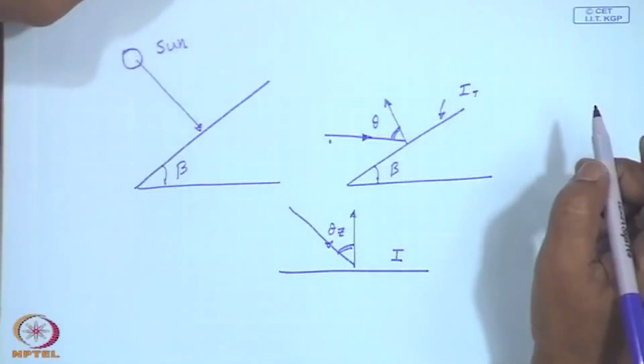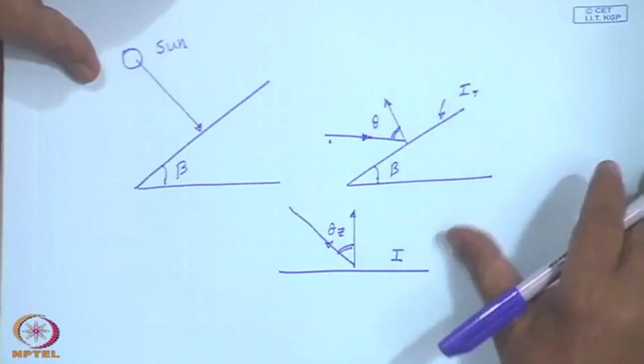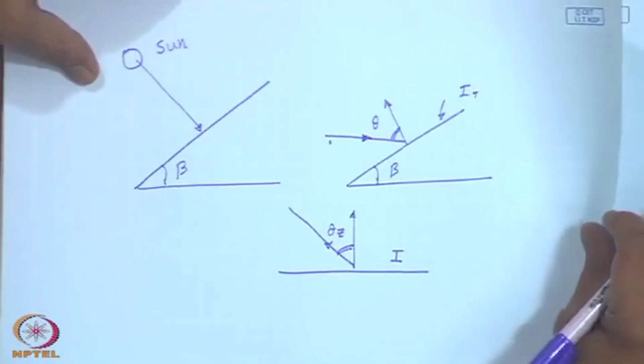So, we want to estimate in general on any surface given the value on the horizontal surface. This may be on the hourly time scale. So, our objective will be to find out what is the solar radiation received by a surface of given orientation, known that there is a solar radiation available measured or otherwise on a horizontal surface.